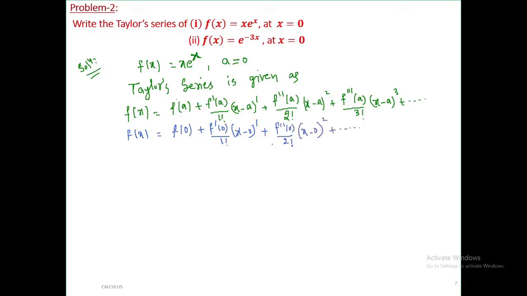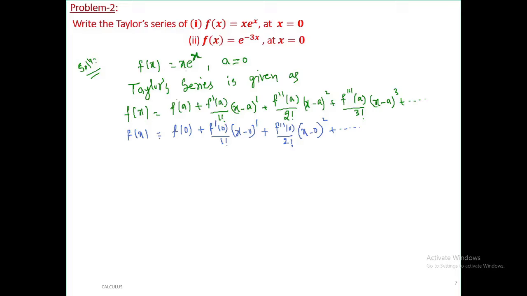Now don't take f of x as x into e power x and find the first derivative, second derivative, all the derivatives of this. If you find them, you have to apply the UV method because x into e power x has two functions. You have to compulsorily apply the UV method for the derivative. So don't do that; it becomes very lengthy.